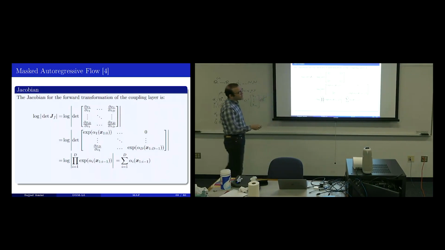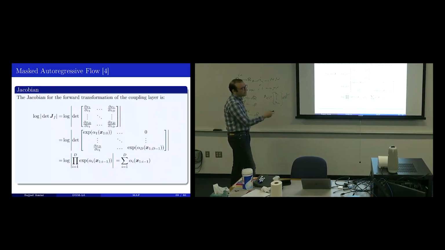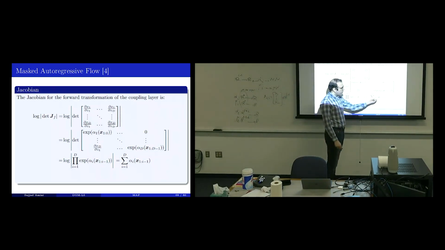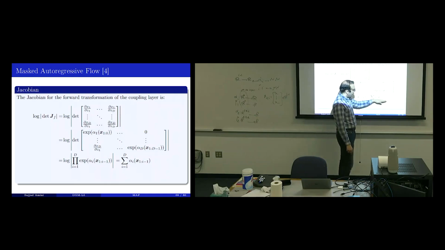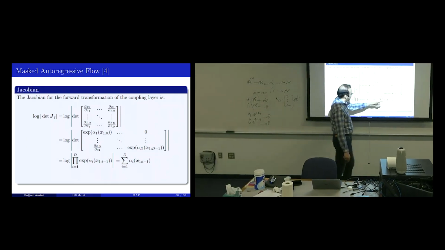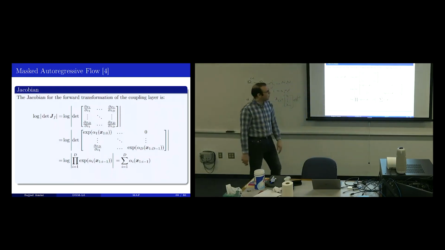So we just add this term to the loss function in the training, and we know that you have several neural networks, alpha 1, alpha 2, alpha 3 until alpha d, and you should minimize them, because this is the Jacobian of the f, to maximize the likelihood. Okay.